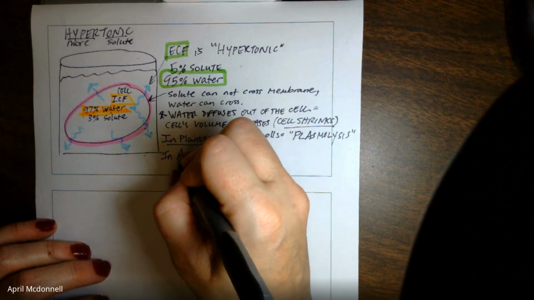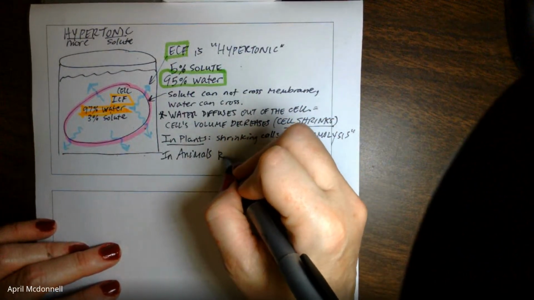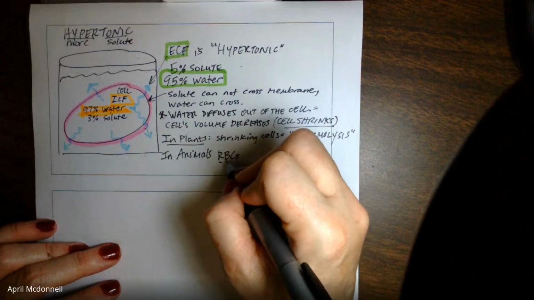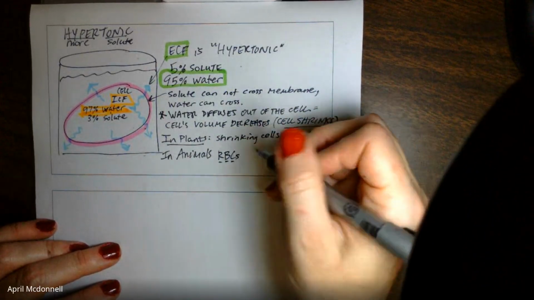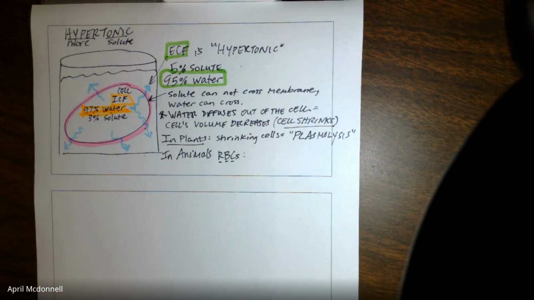In animals, and specifically, let's talk about a type of cell called an RBC, which is red blood cells. Shrinking cells are called crenation.